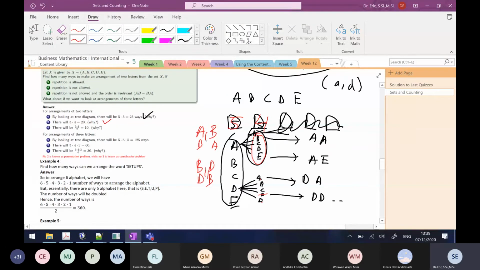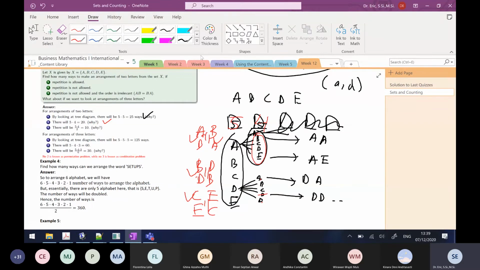CE is the same as EC. So if the order is irrelevant, you have to divide this by 2 because all of the combinations are counted double. So you divide by 2, and that is 10.